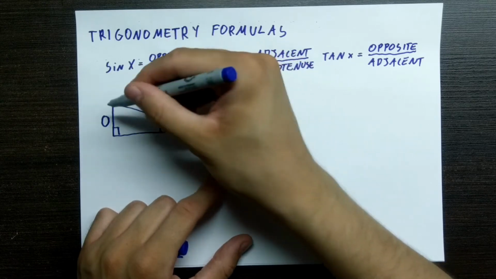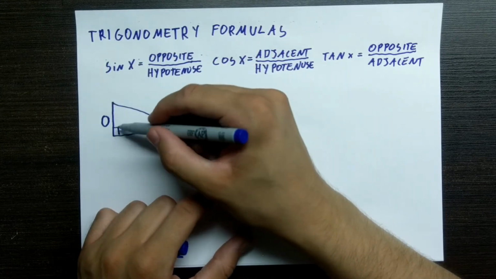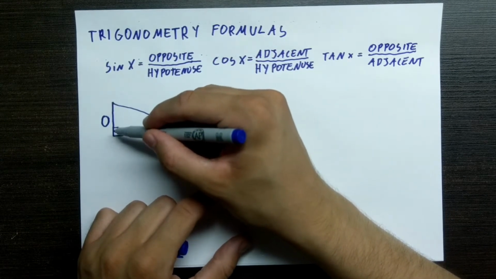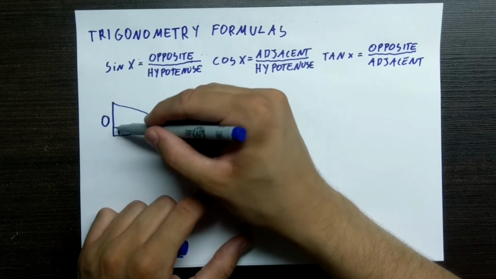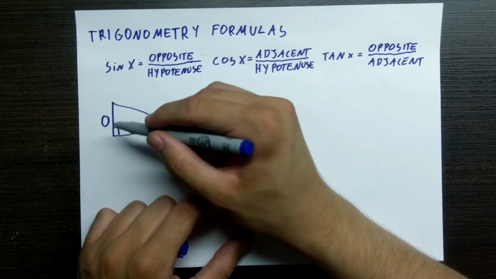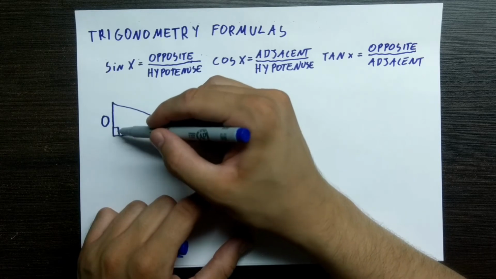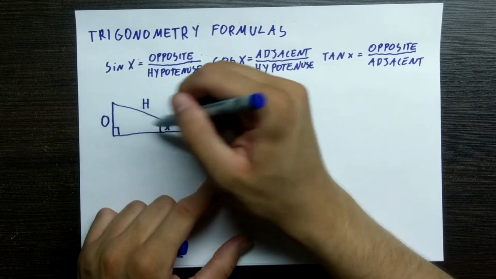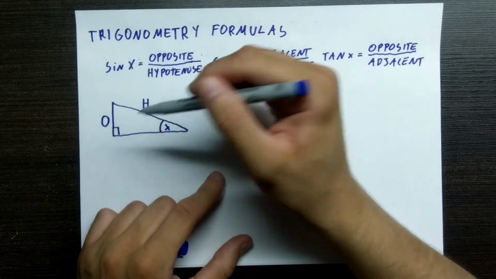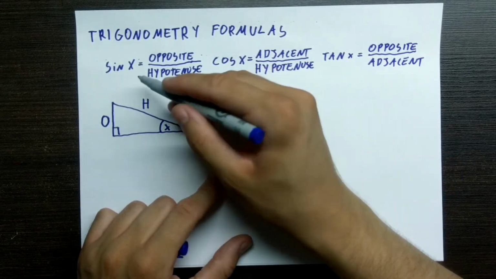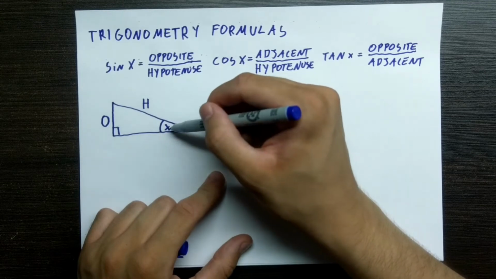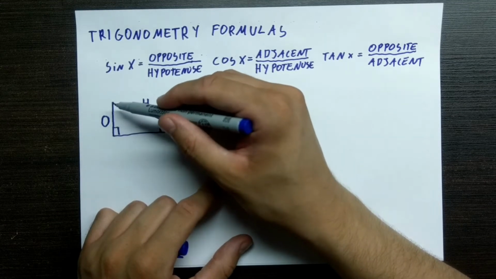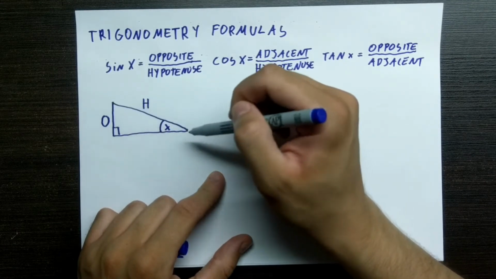It's always the slanted side that does not touch the right angle. So I'm going to label that hypotenuse. So sine x is equal to the length of this side divided by this side.